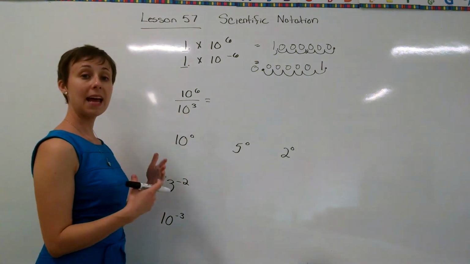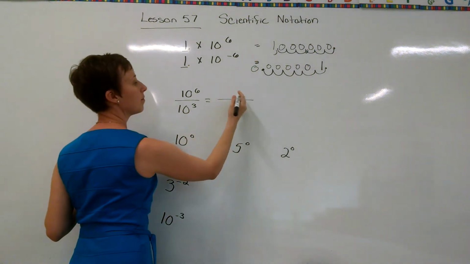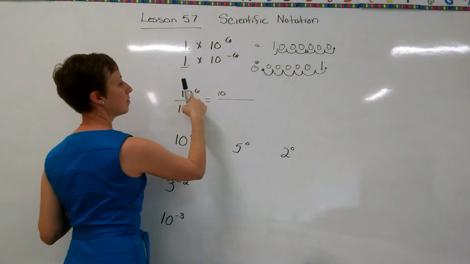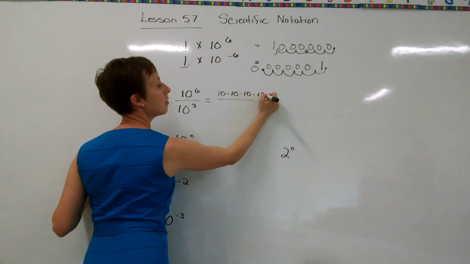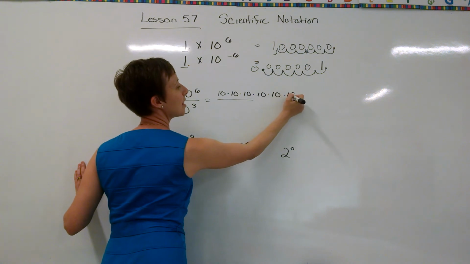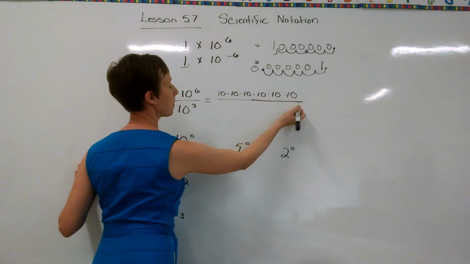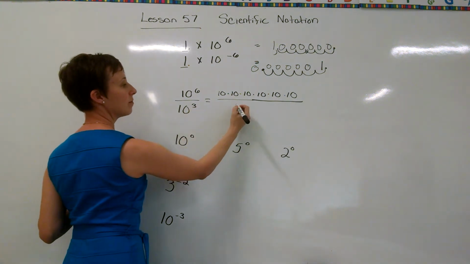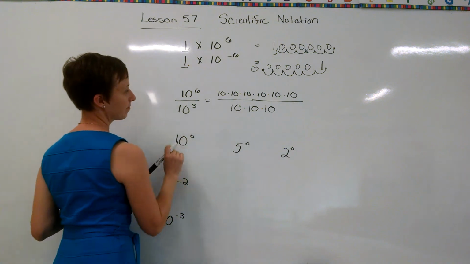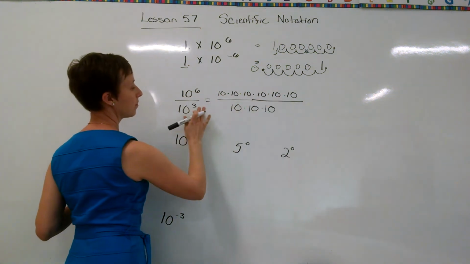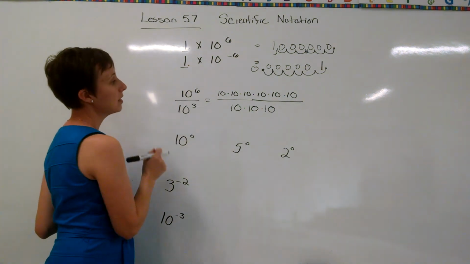Here I'm multiplying 10 by itself 3 times. Let's see what that looks like. 10 times 10 times 10 times 10 times 10 times 10. 1, 2, 3, 4, 5, 6. Yep. Divided by 10 to the 3rd, 10 times 10 times 10. 6 tens, 3 tens. This would work with other bases or other exponents.